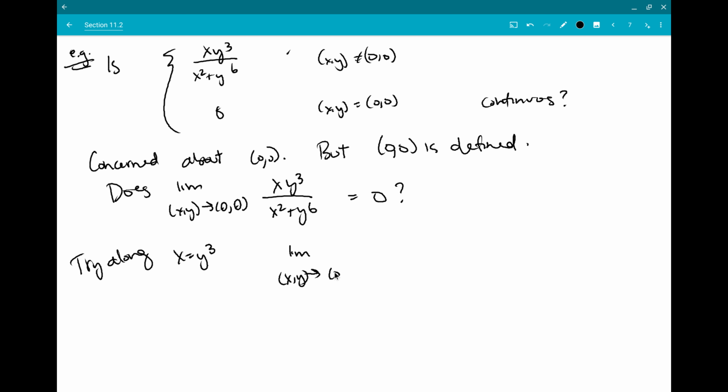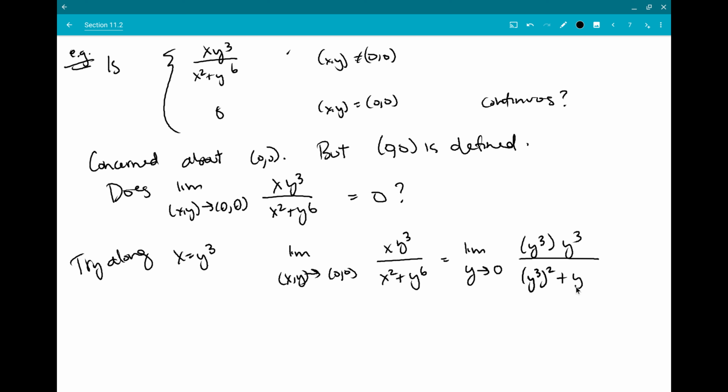So then my limit as I approach the point of xy cubed over x squared plus y to the 6th is going to become the same as the limit as just y goes to 0. And everywhere I see x, I'm going to replace with y cubed. That 6 is just a problem for me. All right.